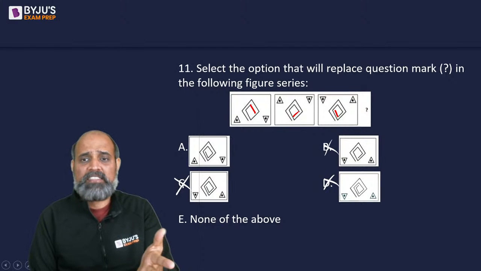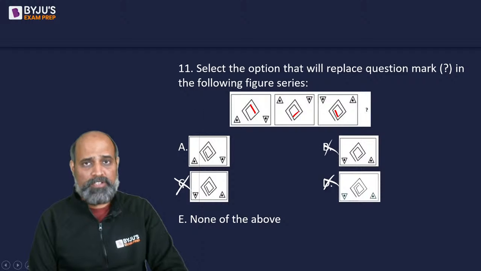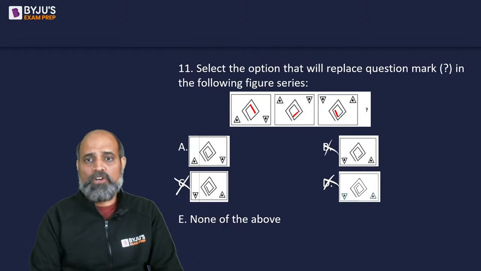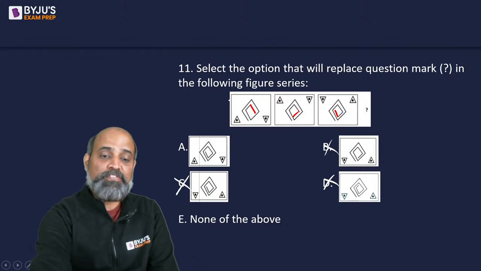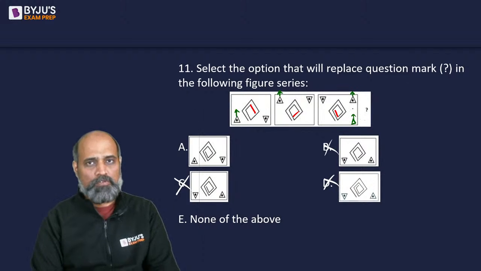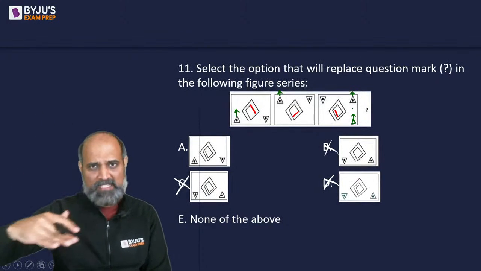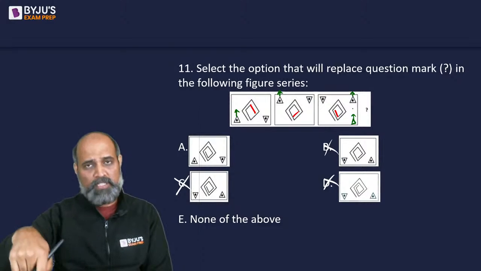So is there a pattern in which these triangles are moving around? If I follow the triangle that is facing upwards, the triangle was facing upwards here, it was facing upwards, then it moved. The next triangle should be here facing upwards. Upward facing triangle, as in the vertex is at the top and the base is at the bottom, it should be there, right?